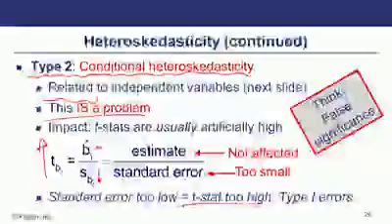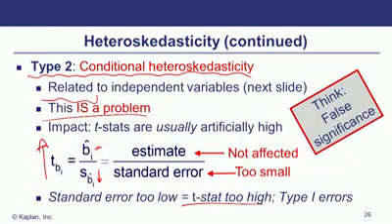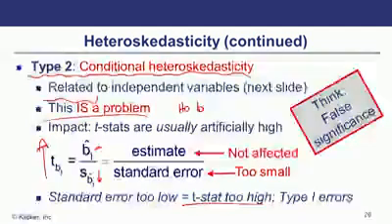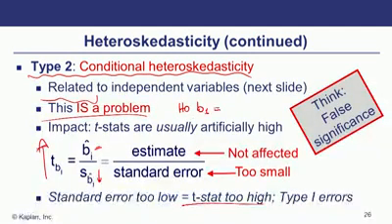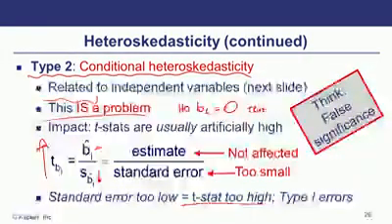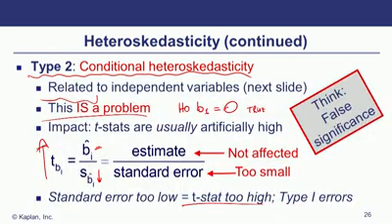You simply reject it because of the artificially high t-value. Let's remind ourselves of what the null was. H0 says B1 is equal to 0, my slope is equal to 0. Say that was actually true, so in other words, say I did not have exposure to small cap stocks.